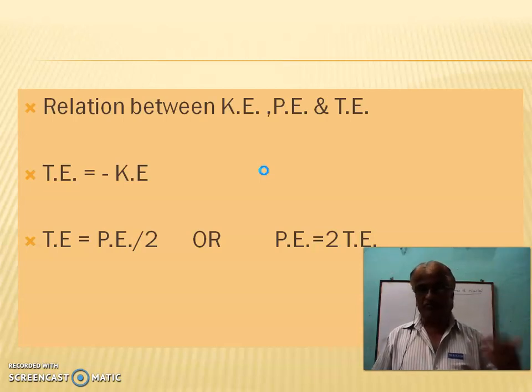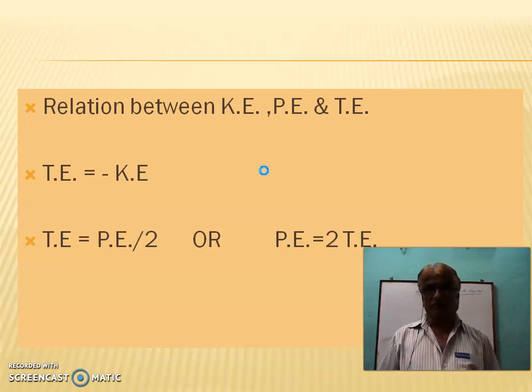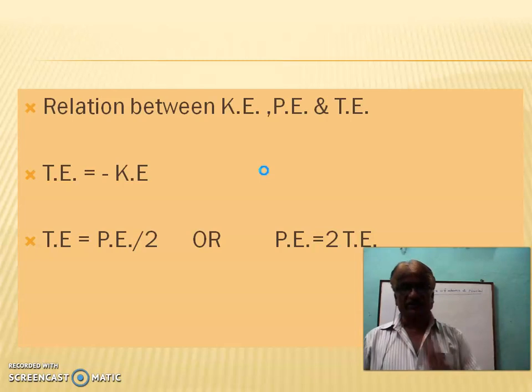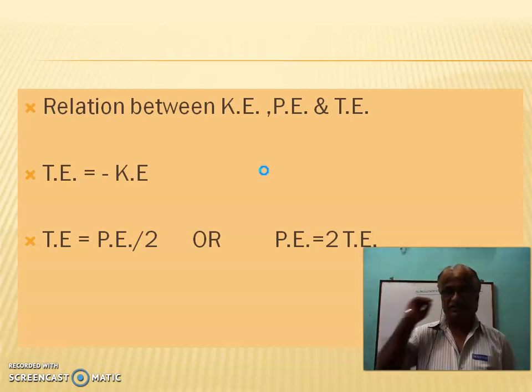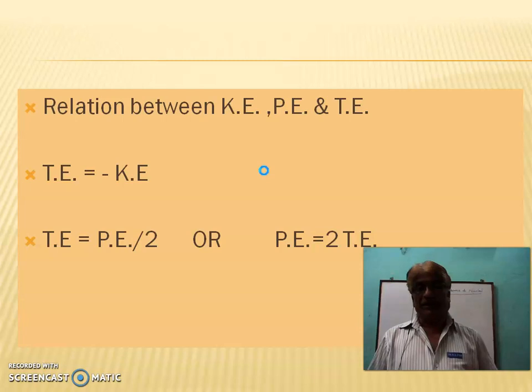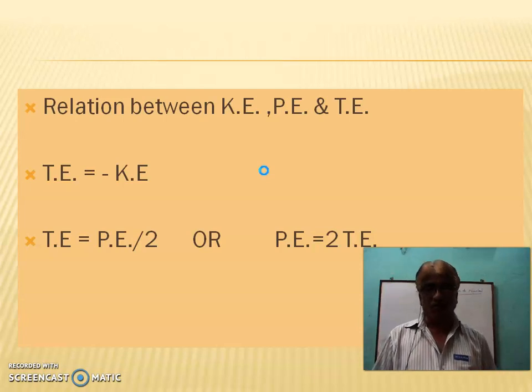Charge of electron is 1.6 into 10 raised to minus 19 coulomb. Epsilon 0 is 8.85 into 10 raised to minus 12 coulomb square per Newton meter square. And h is 6.63 into 10 to the power minus 34 joule second. By substituting these values, you get the answer.